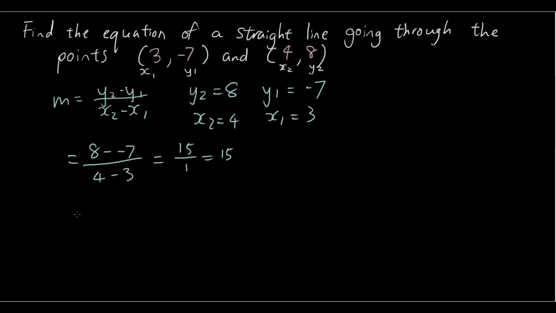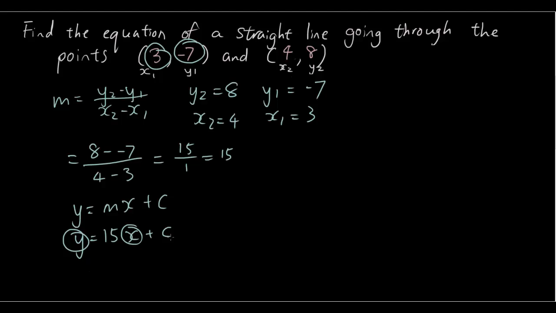Now we have the equation y equals mx plus c. We're going to substitute in 15 for m. We're going to substitute in x1 and y1 into our x and y in the general formula. So we have -7 equals 15 times 3 plus c.